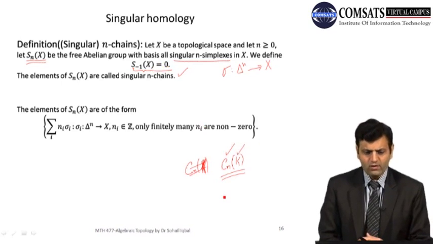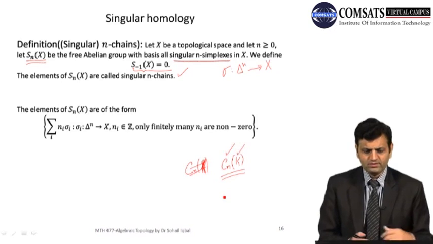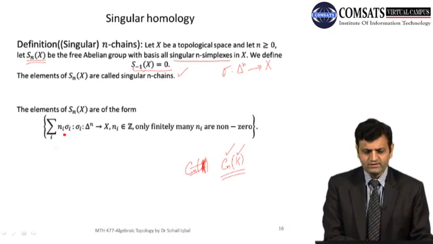So what is the form of elements of Sn of x? These are going to be finite sums of singular n simplices, and the coefficients are going to be integers. So for example, one particular element will be of the form n1 sigma 1 plus and so on up to nm sigma m, where m is a finite number. What are the sigma i's?